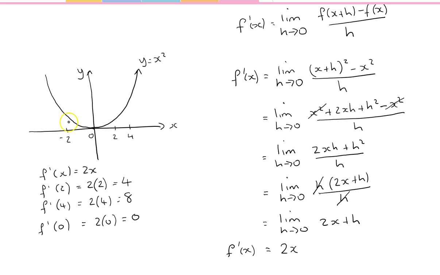At minus 2, we're expecting a negative gradient because it slopes downwards. So our gradient when x is equal to minus 2 is 2 times minus 2, which gives us minus 4. So there we are. We can calculate the gradient of the graph at any point. And that is our derivative from first principles.